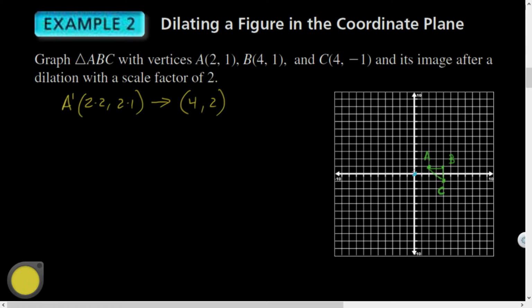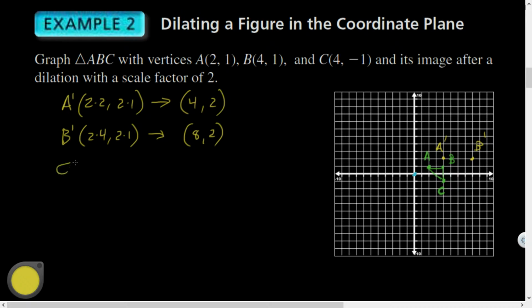Over 4, up 2, there is my A prime. B prime. B was (4, 1), so I'm going to multiply 2 times 4 and 2 times 1, and that will become (8, 2). Two less than 10 is 8, and here is my 2 for my B prime.